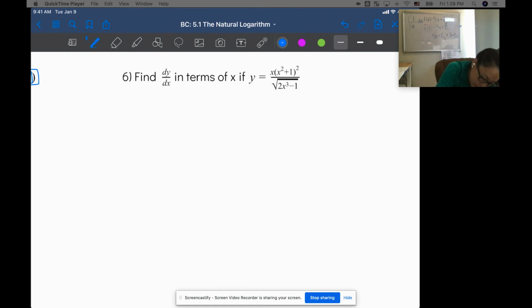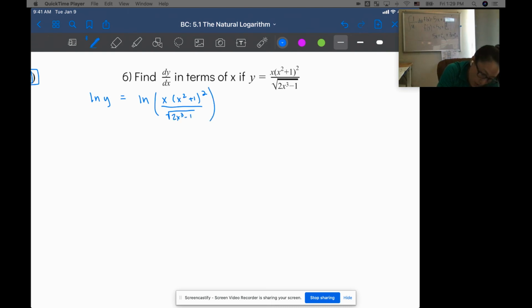It's a little trick. ln of y, because the derivative of ln is very easy. So the ln of this whole crazy thing on the right, x times the quantity x squared plus 1, squared, over the square root of 2x cubed minus 1.